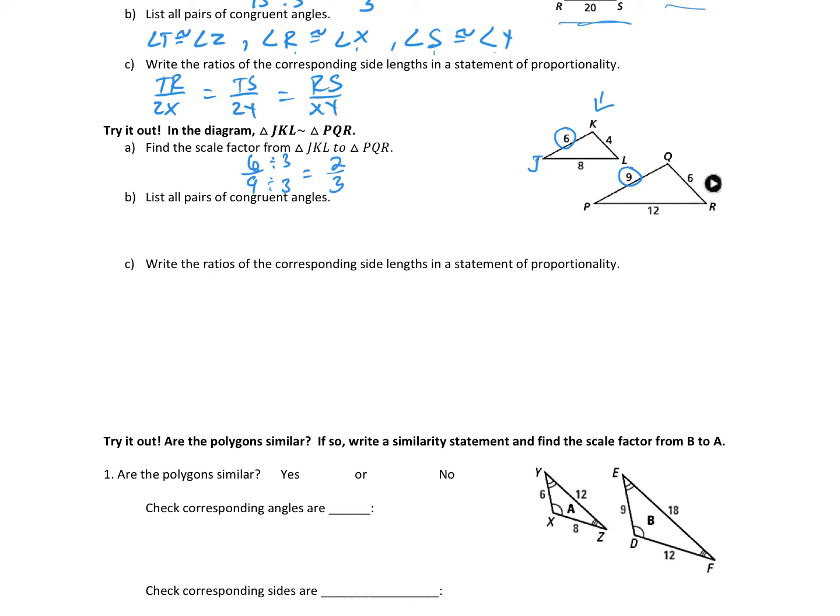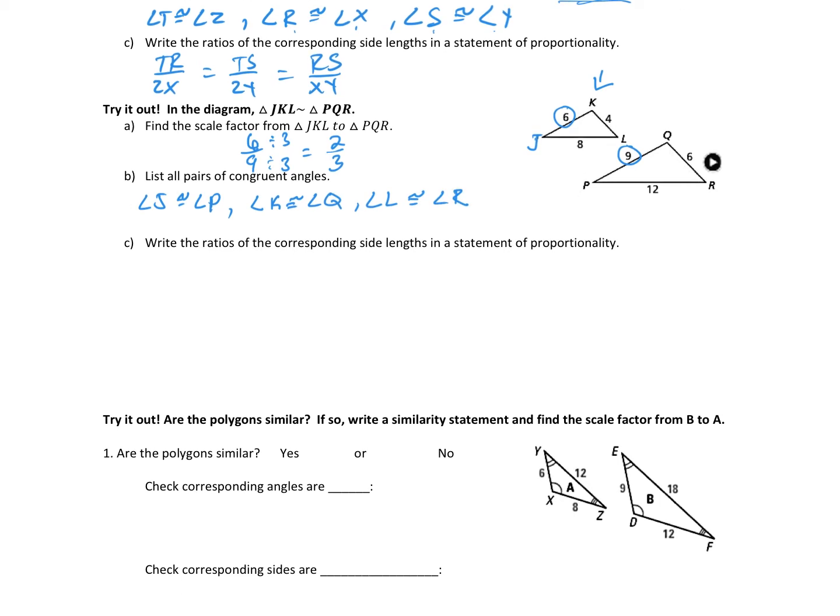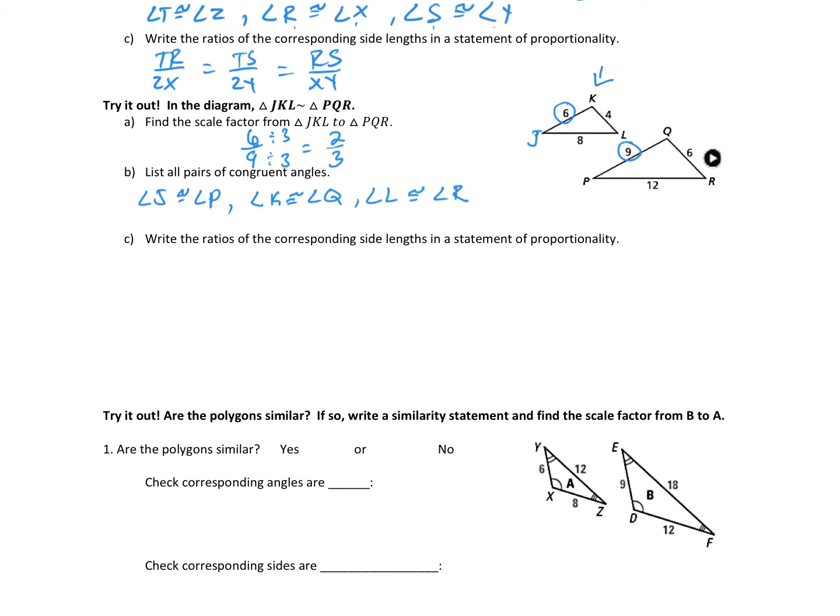List the pair of congruent angles. Well, we know that angle J must be congruent to angle P. Angle K must be congruent to angle Q. And angle L must be congruent to angle R. Write the ratios of corresponding side lengths in a statement of proportionality.